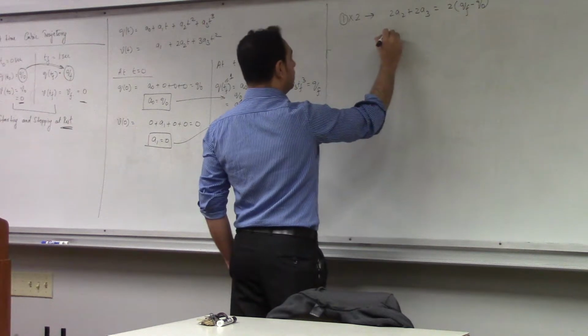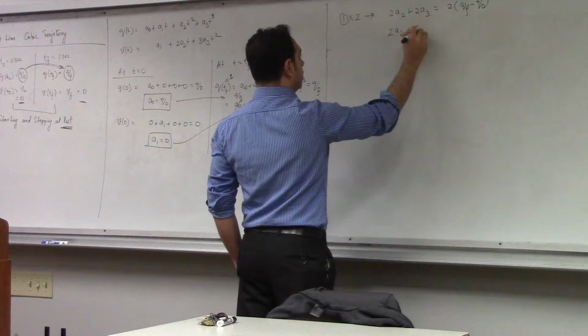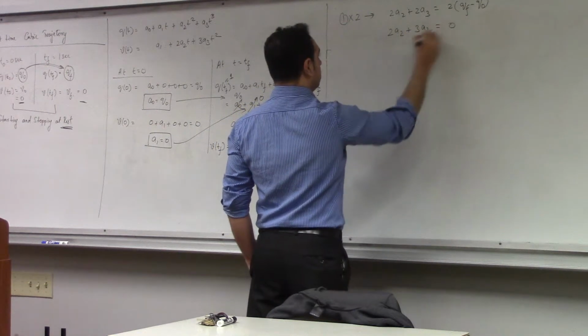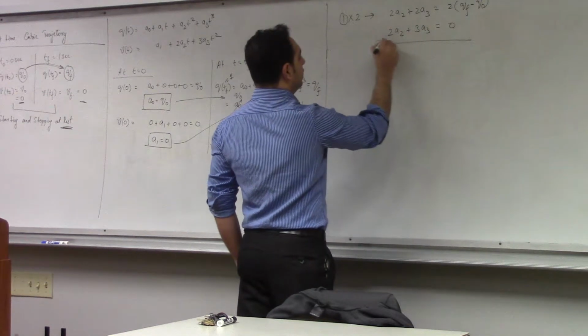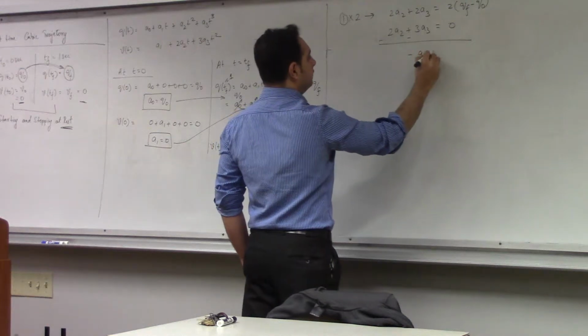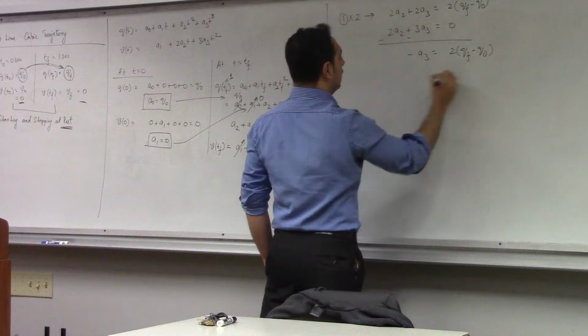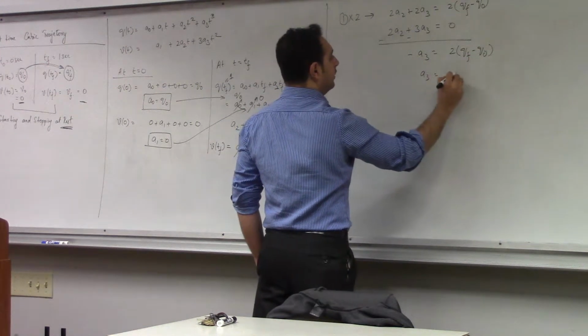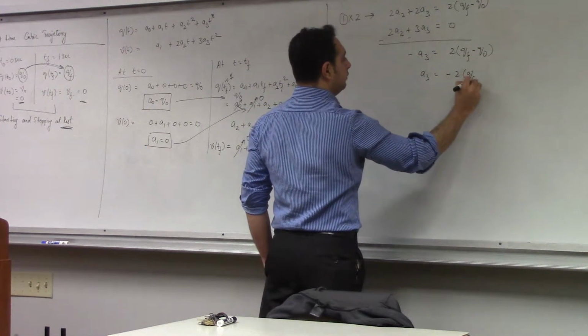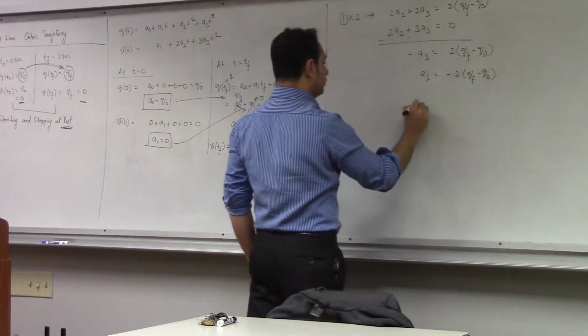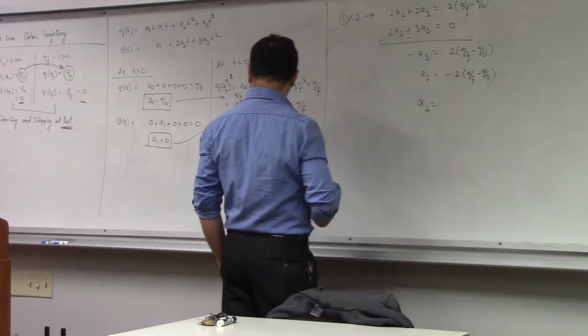And then we have this. So if I subtract this, A3 will be equal to minus 2 times (qf minus q naught). So a2 will be equal to 3 times (qf minus q naught).